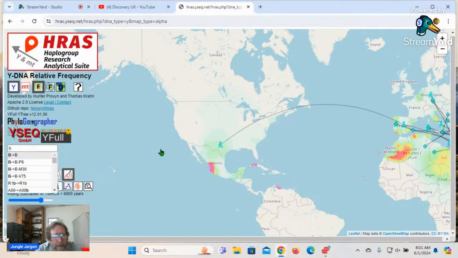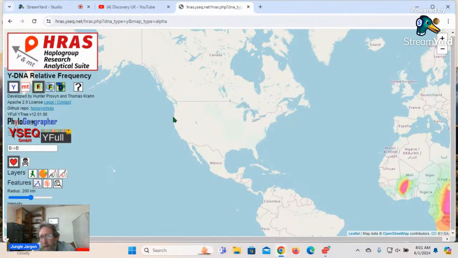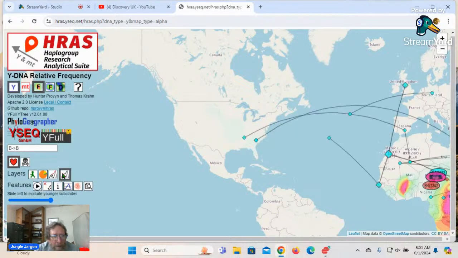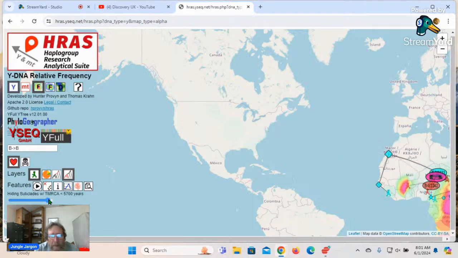So this B haplogroup is a descendant of Cush, but in the time of the Phoenicians, they were in the Mediterranean as well, and they seem to have crossed over at the time of the Mediterranean crossing as well. So we're going back in time.